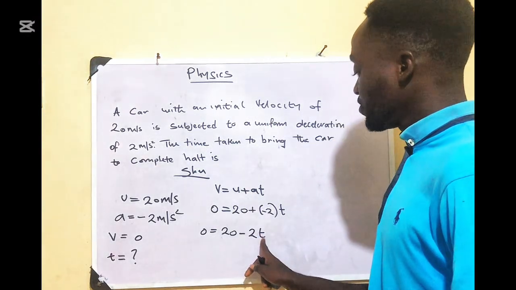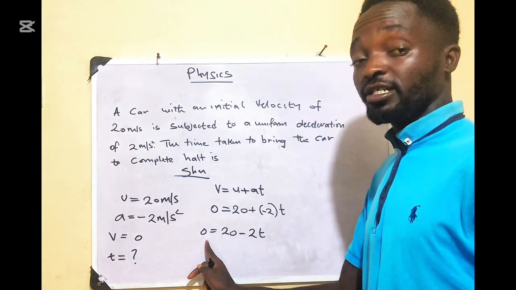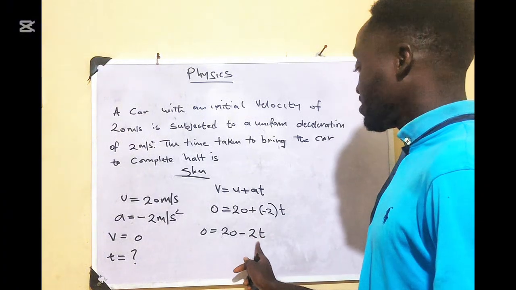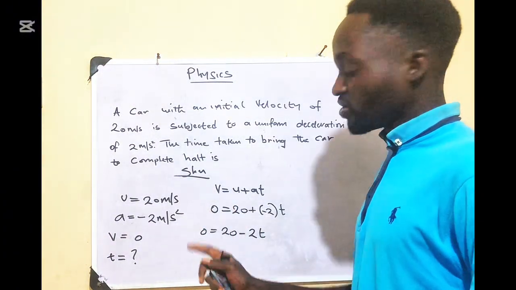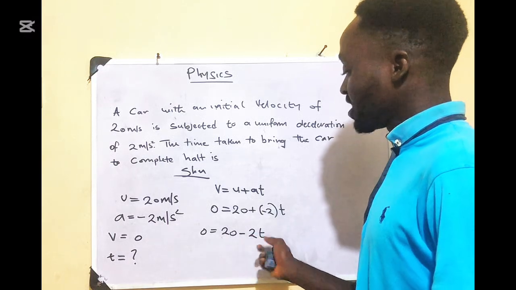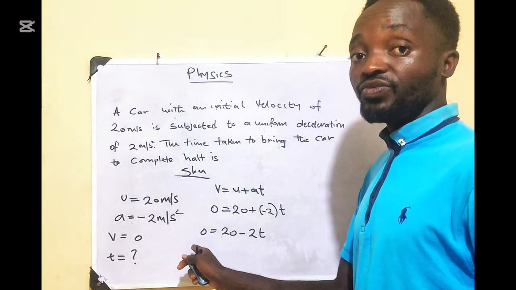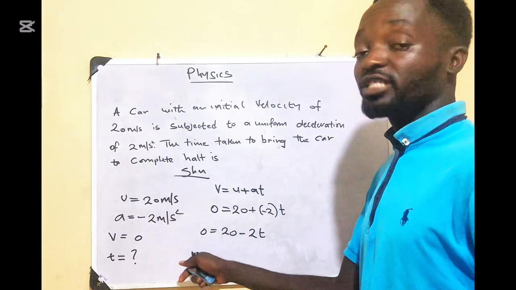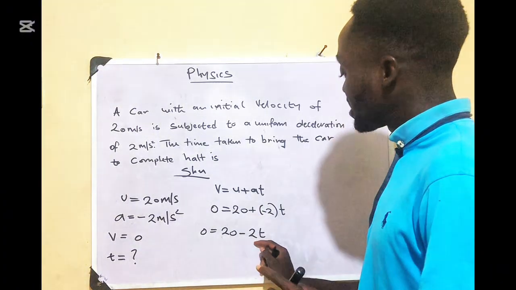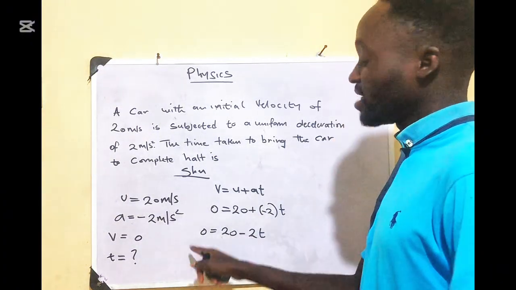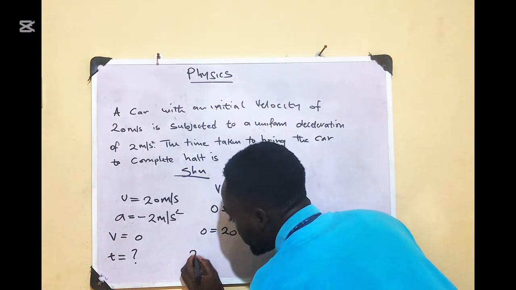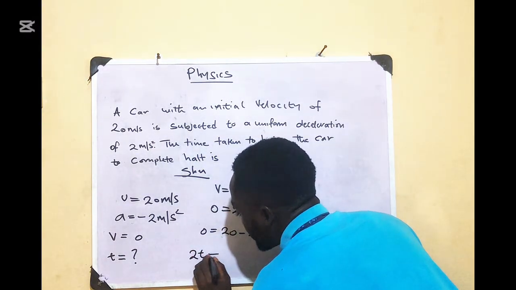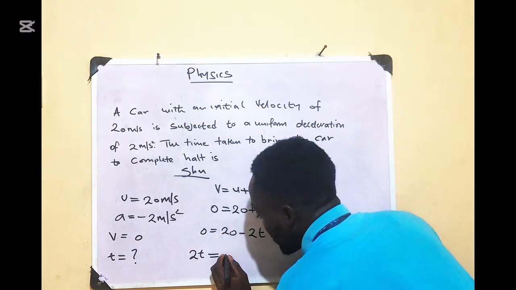So we bring the 2t to the other side of the equation, and the negative sign is going to change to plus, because anytime you carry a number or a sign and cross it to the other side, if it was plus it becomes minus, and if it was minus it turns to plus. So what we'll have here is 2t is equals to 20.